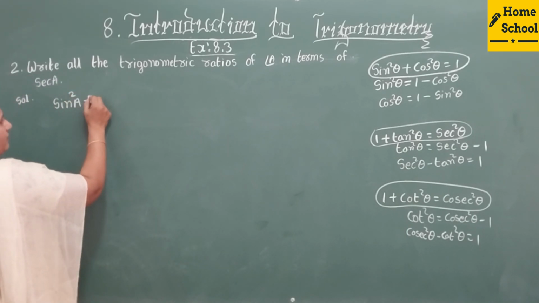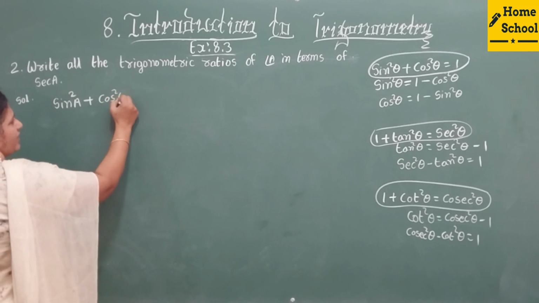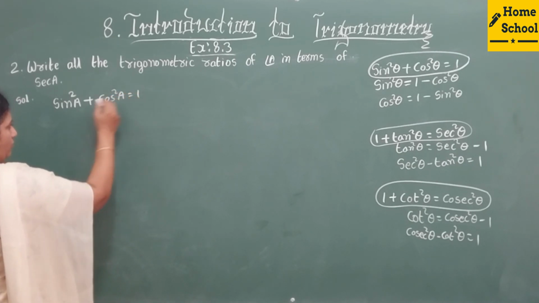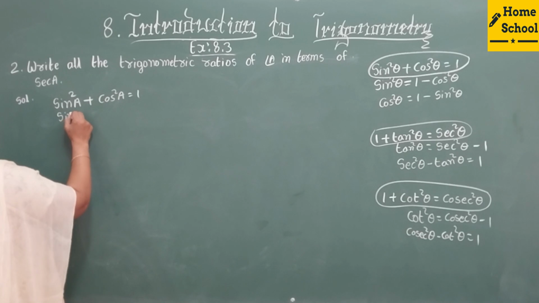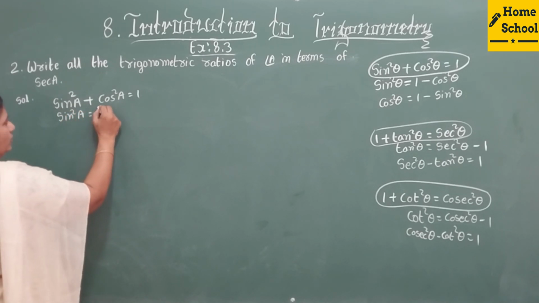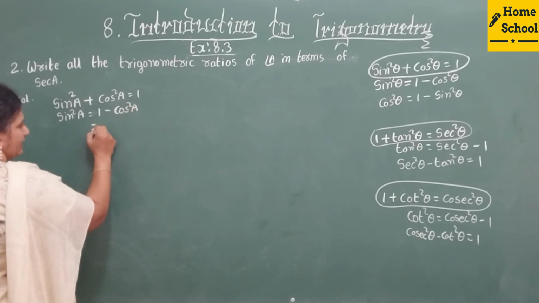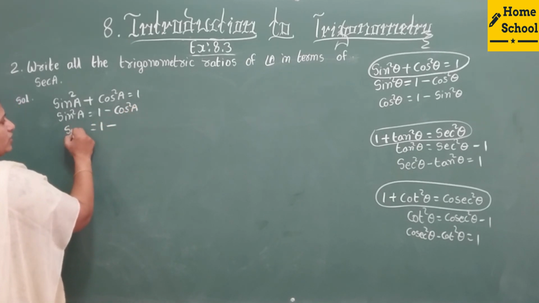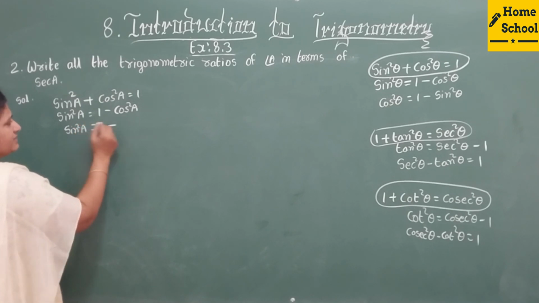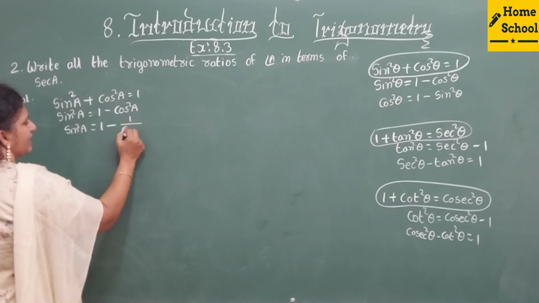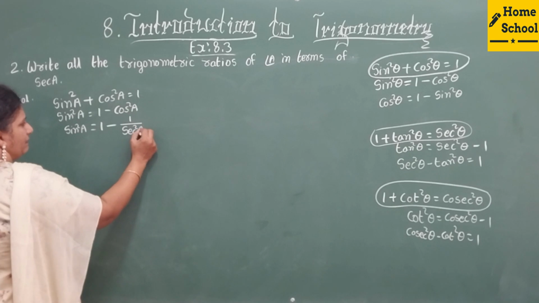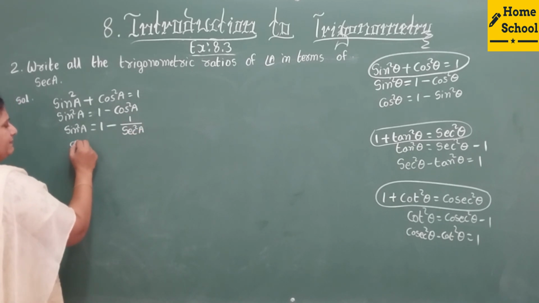Sin square A plus cos square A is equal to 1, I know. Then sin square A is equal to 1 minus cos square A, that is 1 minus cos square A, I can write it as 1 by secant square A. Okay, do LCM.